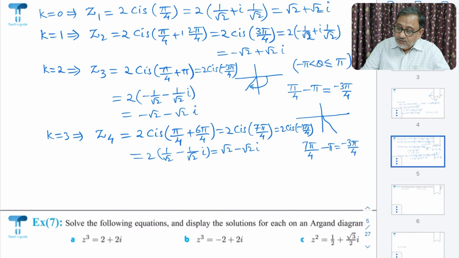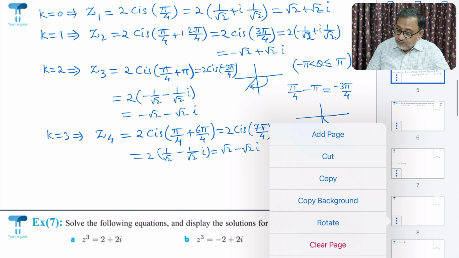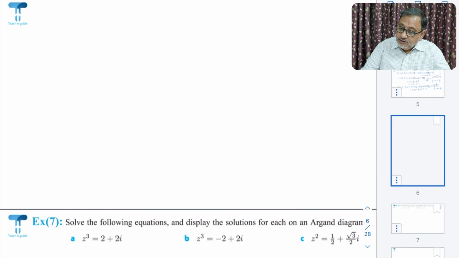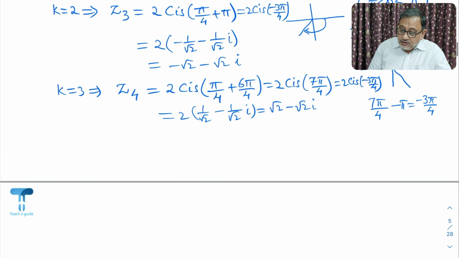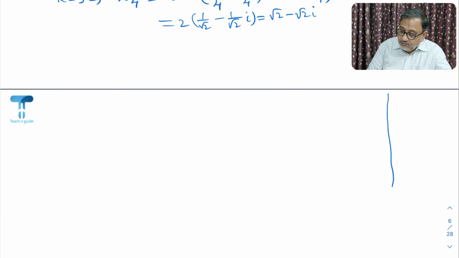I will need one page to show you on the complex plane. So I will add one more page here. Yeah, so therefore this is all of them. I will draw it here, and the circle.